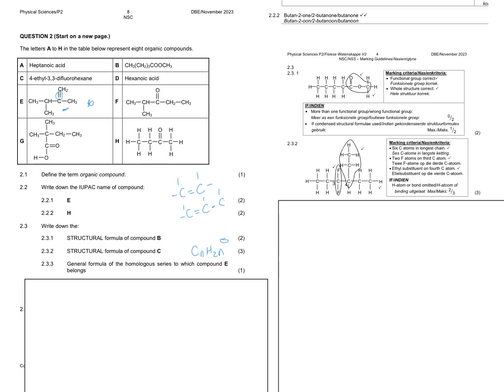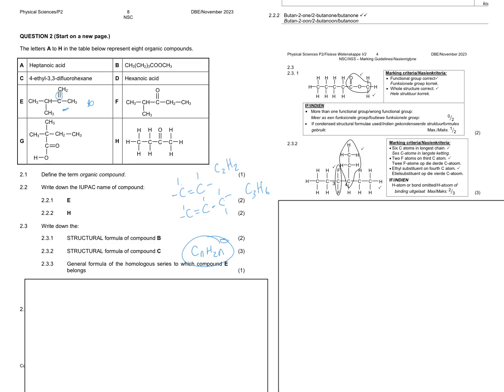So this is 2 carbons, 4 hydrogens. This is 3 carbons, 6 hydrogens. Therefore, in general, an alkene is CnH2n. So if you don't want to learn your general formulae, you just take the smallest ones, you just draw them out quickly and just count.